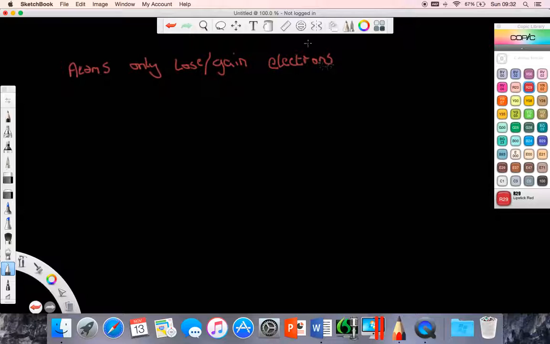And from previous lessons, we've said that electrons are negative and protons are positive.